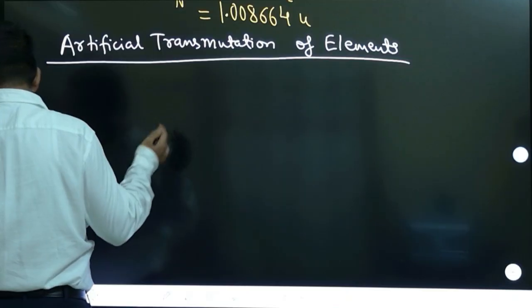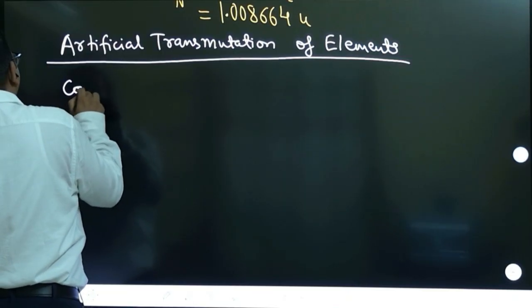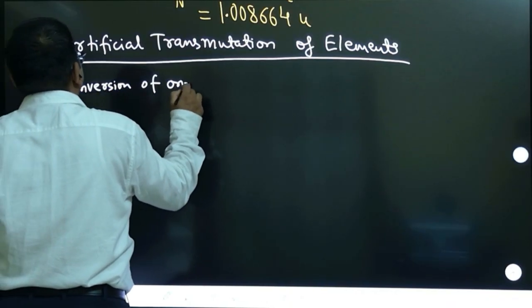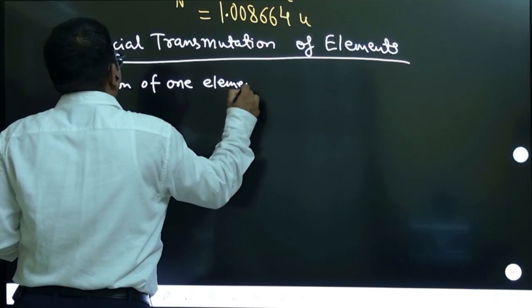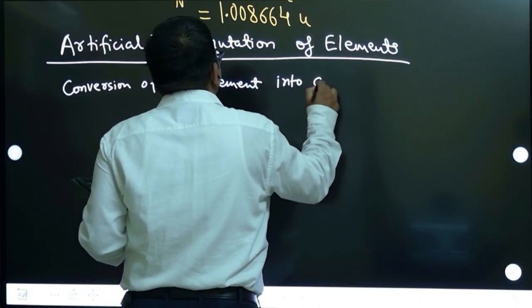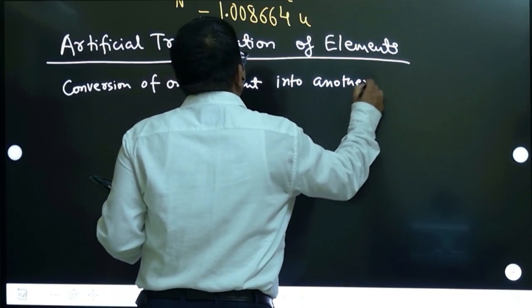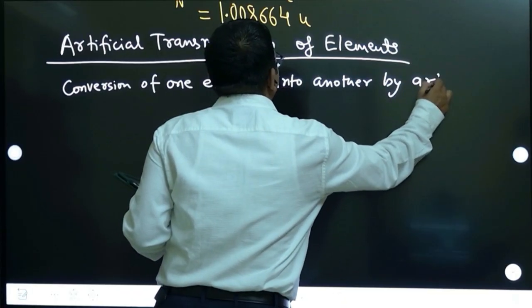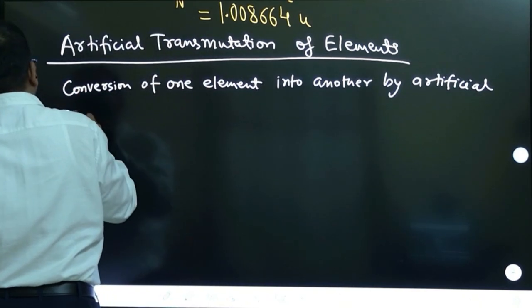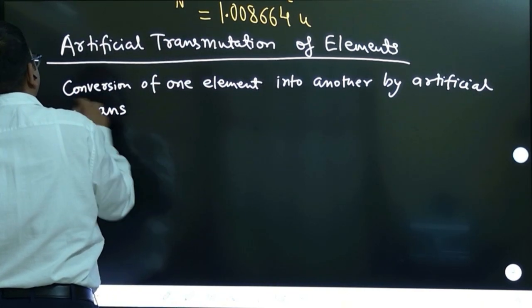Artificial transmutation means conversion of one element into another by artificial means.